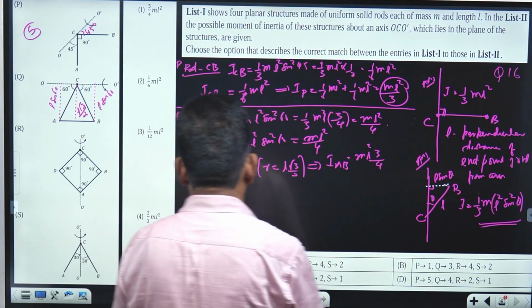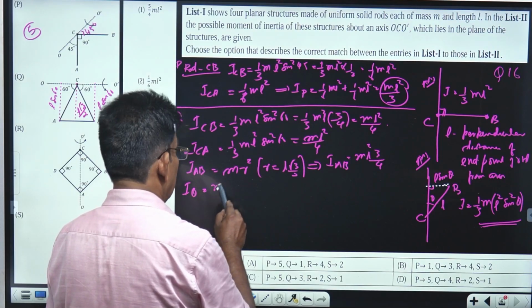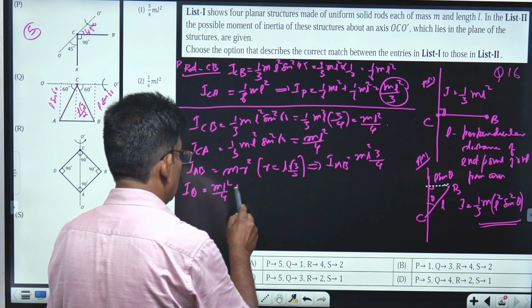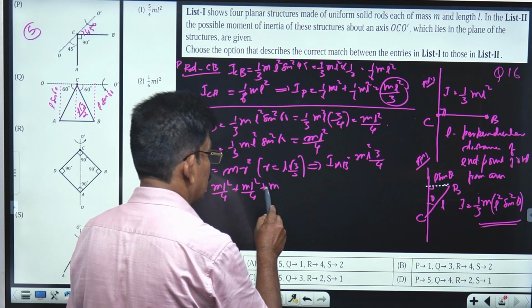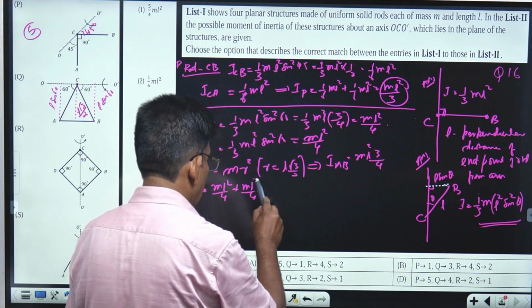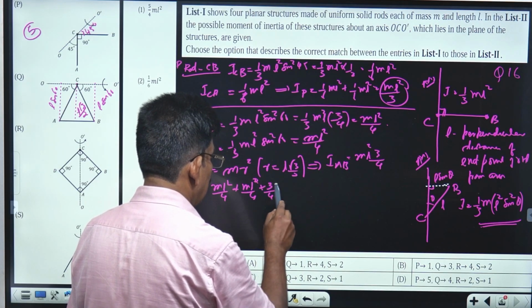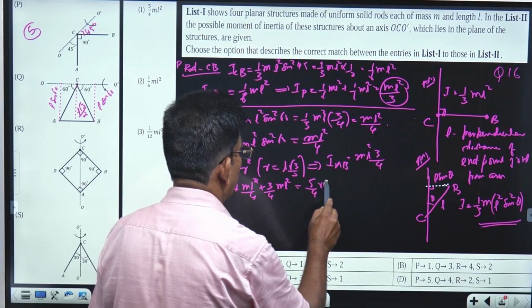Therefore, total moment of inertia in the case of Q, we have to add ml square by 4 plus ml square by 4 plus 3 by 4 ml square. That is coming to be 5 by 4 ml square.